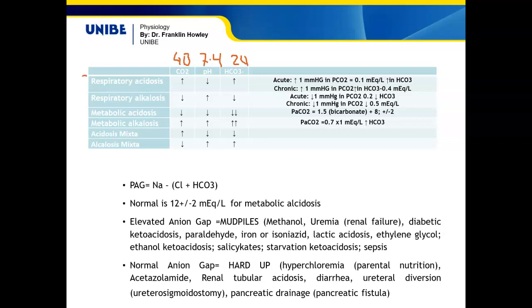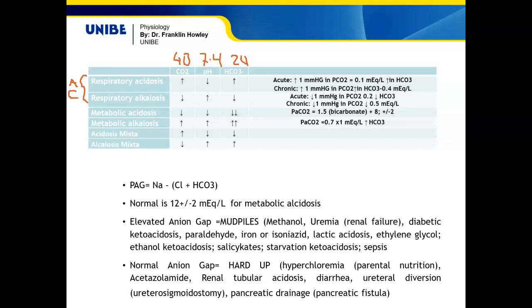So a couple of things. If the disturbance is respiratory, because the respiratory system is going to be compensated by the kidney, that means it needs time to have an effect. So in respiratory acidosis, we need to find out if it's acute or non-compensated, or chronic or compensated. In the case of metabolic acidosis and alkalosis, we don't need to do that.